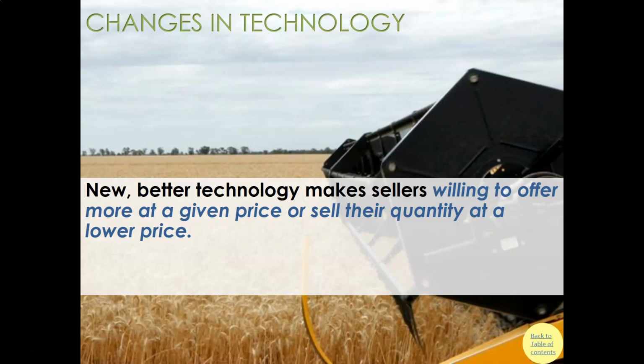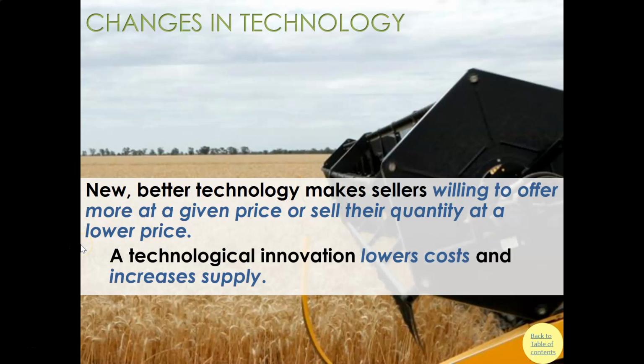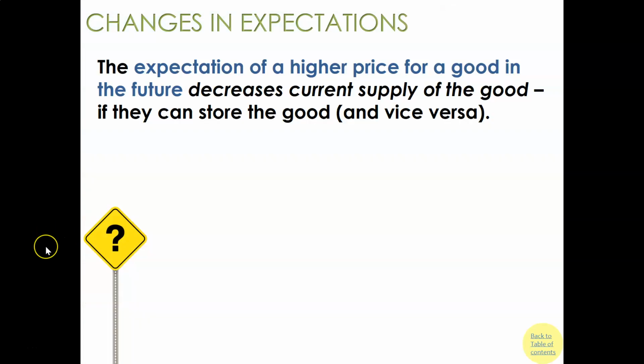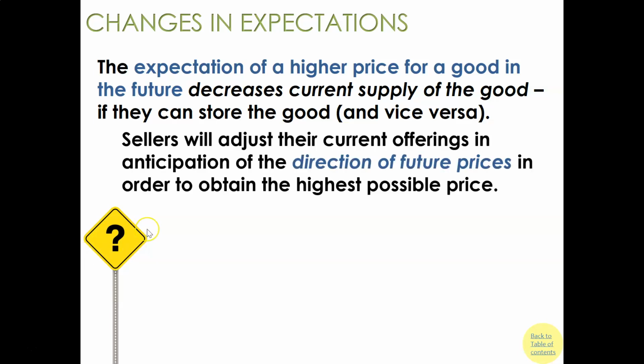New, improved technologies make sellers willing to offer more at a given price or sell their quantity at a lower price. So that's also a rightward shift of the supply curve. The technological innovation lowers costs and increases supply. What about expectations? If you expect a higher price for a good in the future, that means you're going to sell less now and store the good until you can sell it at the higher price.